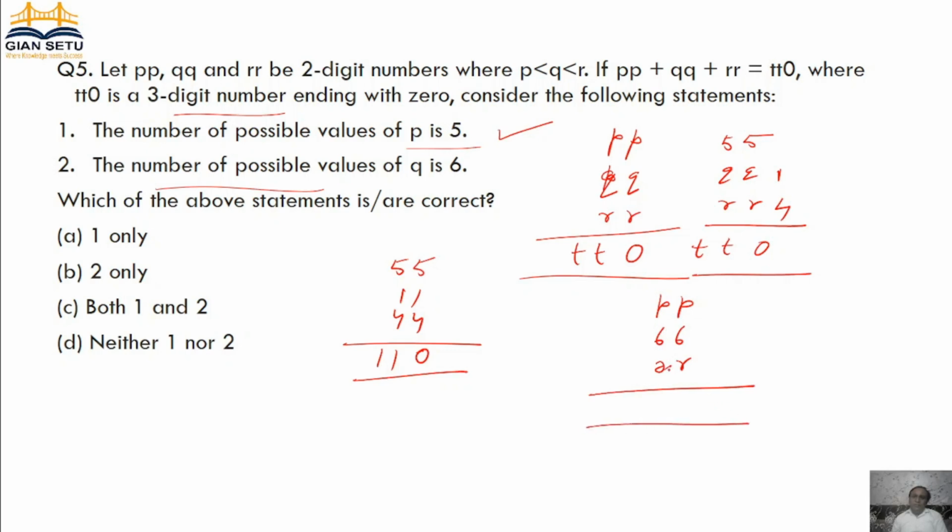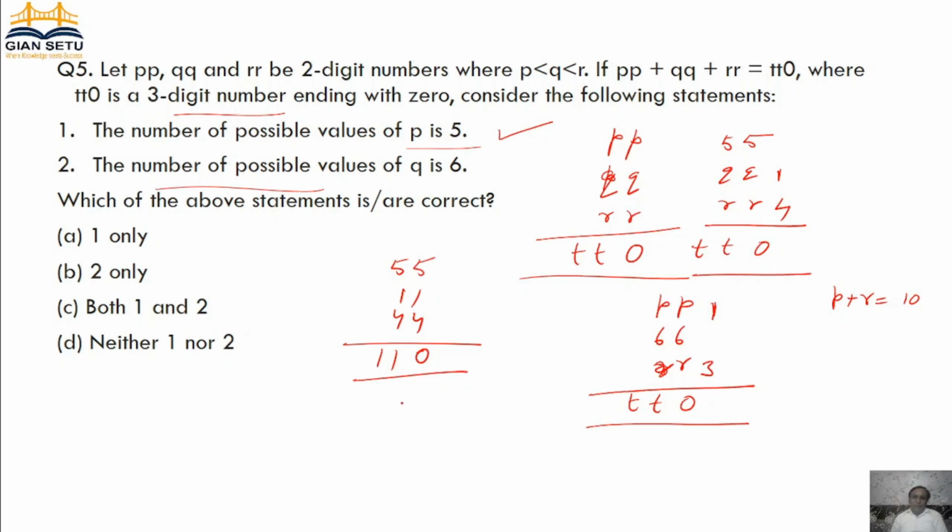Now the sum should be in the format of T0. Now when this Q is 6, we should have P plus R equal to 10, right. So we can have P is equal to 1 and R is equal to 3, then we will have 0 here.